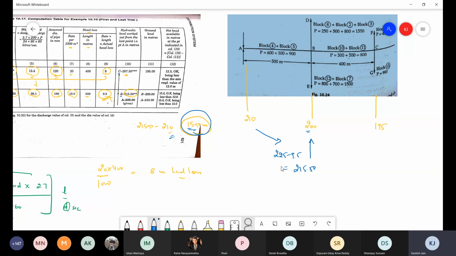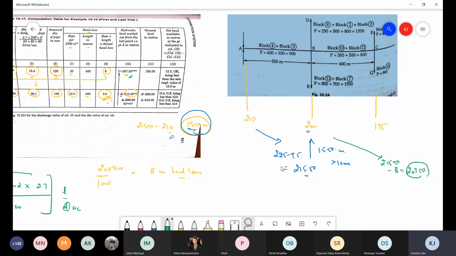Yeah, and this, if we subtract it, that amounts to 15.50 meters, and this is greater than 12 meters accordingly. Right, and again after that, this is the head available over here, 215.50, and 215.50 minus the head loss over here, that is 8, amounts to 207.50.